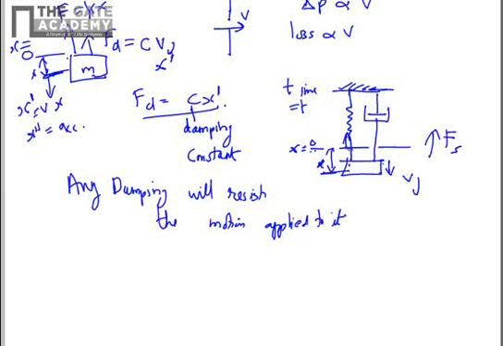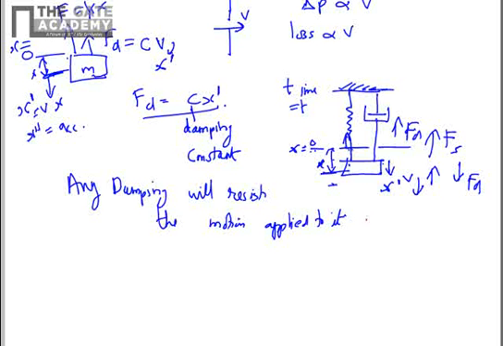If the velocity direction is down at any time instance, then the damping force will be towards the top. If the velocity is towards the top, let's say it has reached the extreme position and has started coming up, at that time in the same cycle the damping force will be down.